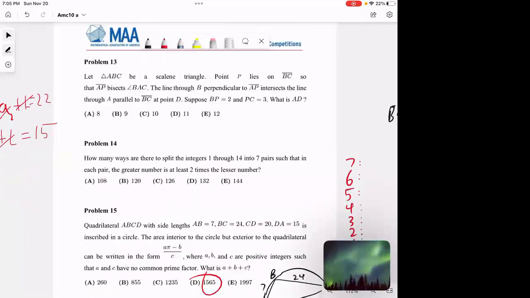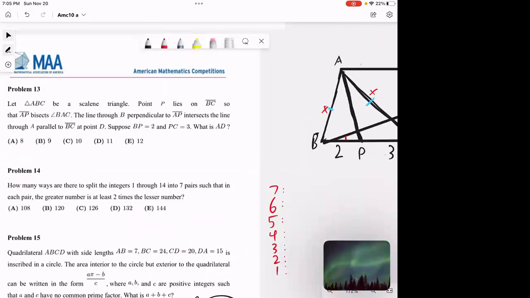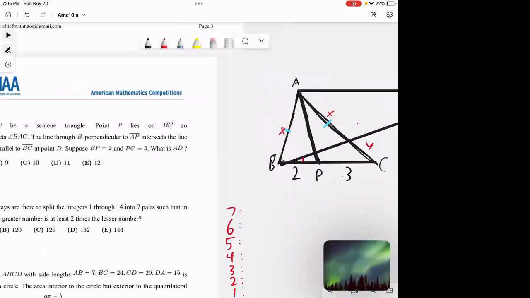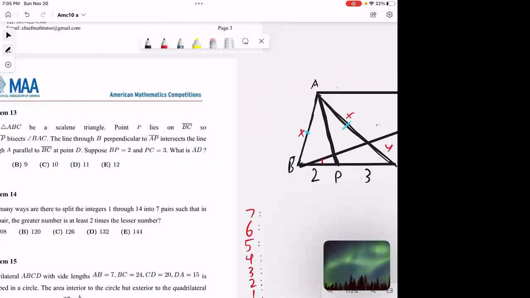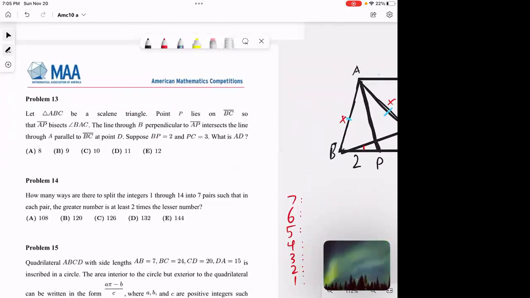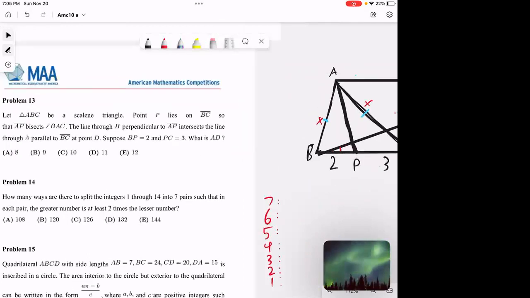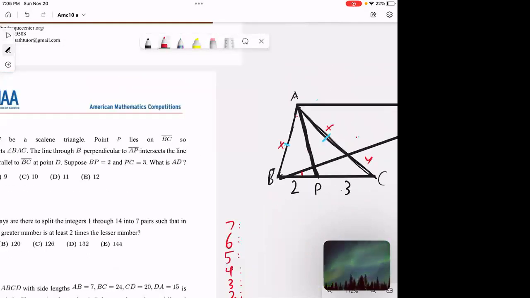So let's move on to number 13. Let ABC be a scalene triangle. P is a point on BC such that AP bisects angle BAC.